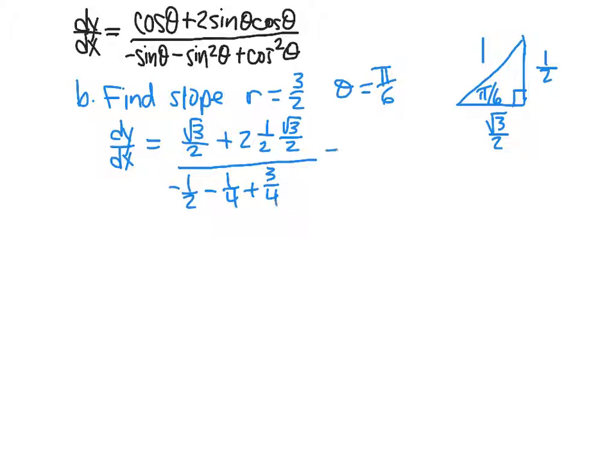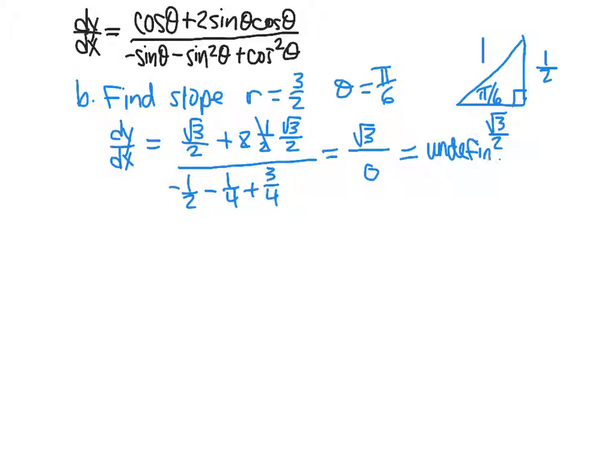So then we're going to simplify that. These cancel. We got just a square root of 3 on top, over minus 3/4 plus 3/4 on the bottom. So we get a 0 in the denominator. That says that it's undefined.